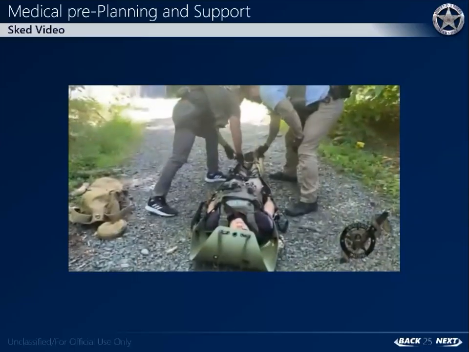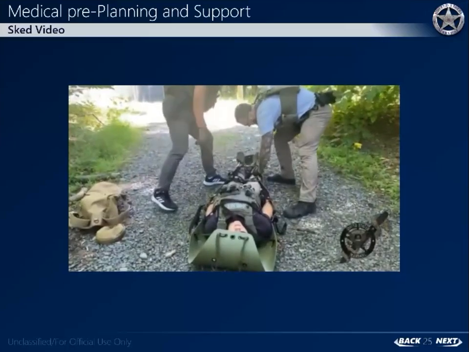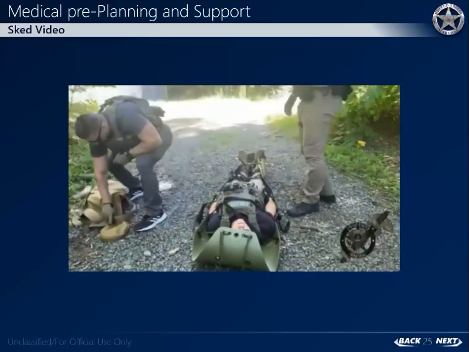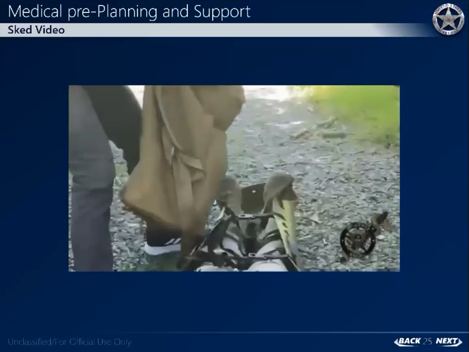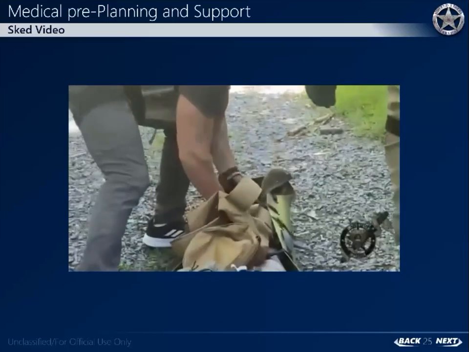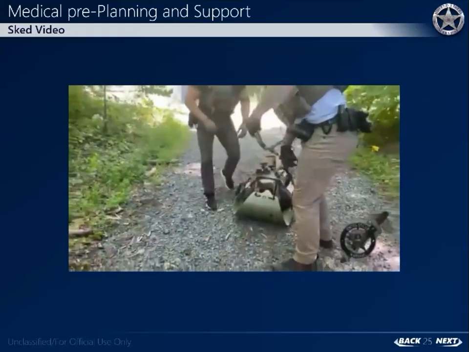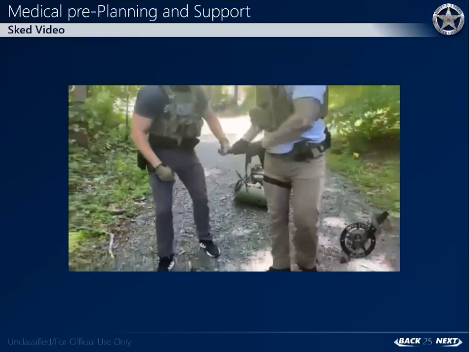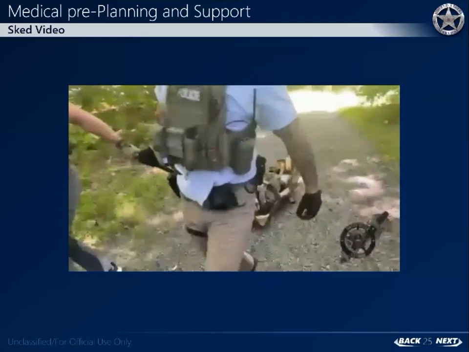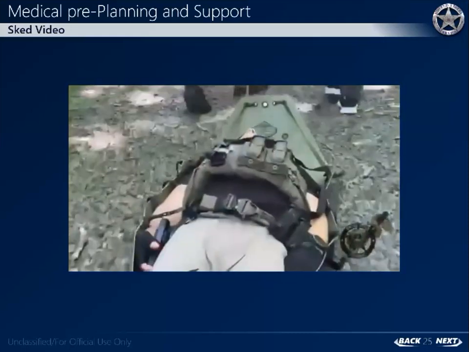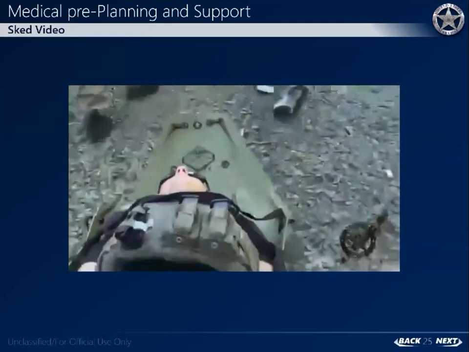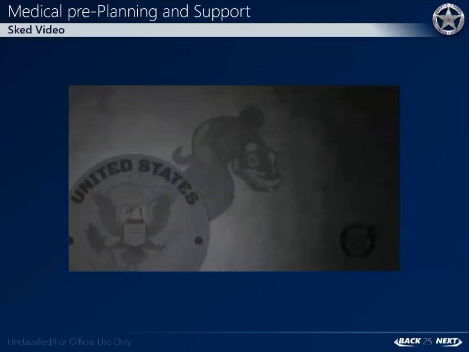The drag strap at the head should be adjusted to roll the top up to protect the patient's head. The SKED can be dragged or carried depending on terrain and number of rescuers.